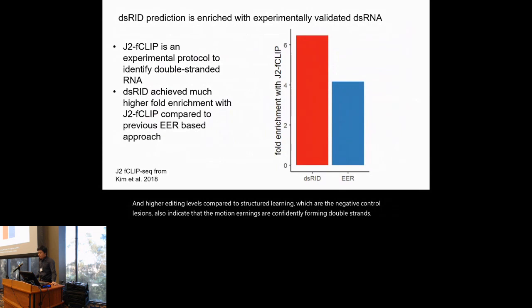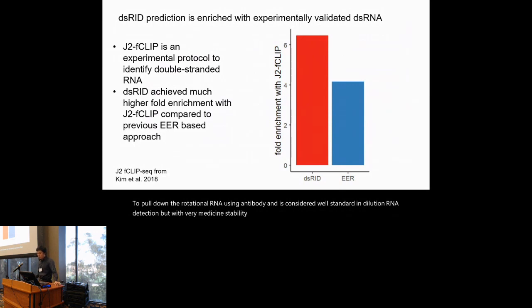And here we tested whether there's a good overlap between experimentally validated double-stranded RNA and our predictions. J2 CLIP-seq is the experimental protocol to pull down double-stranded RNA using an antibody and is considered the gold standard in double-stranded RNA detection, but with very limited sensitivity.